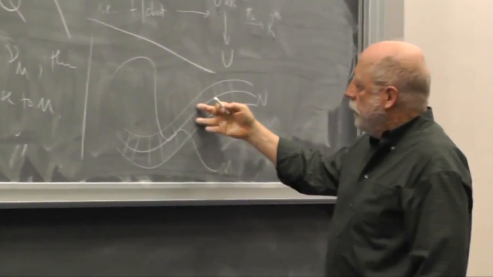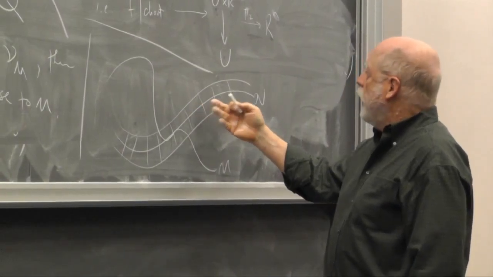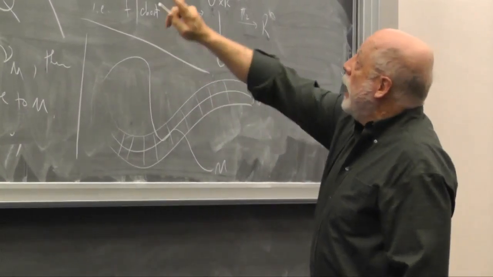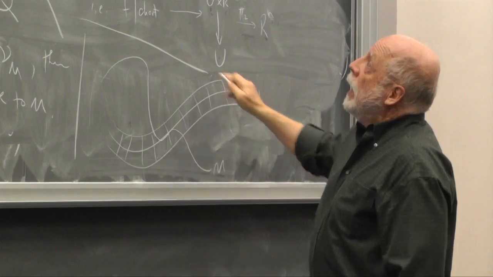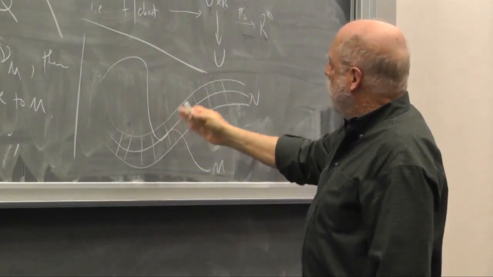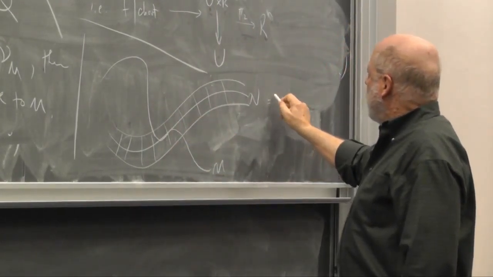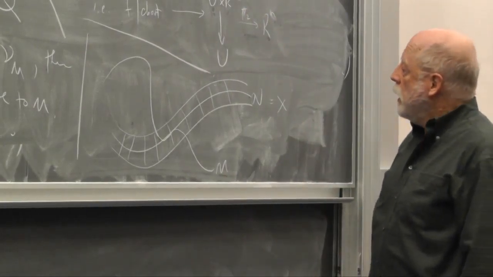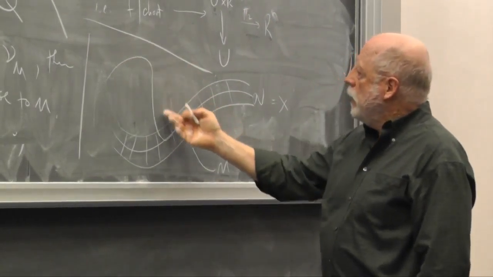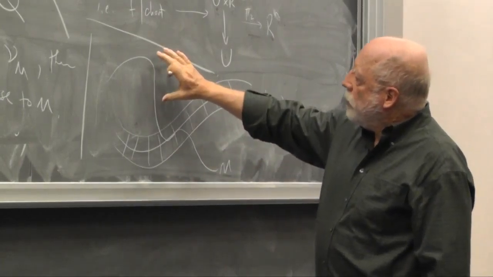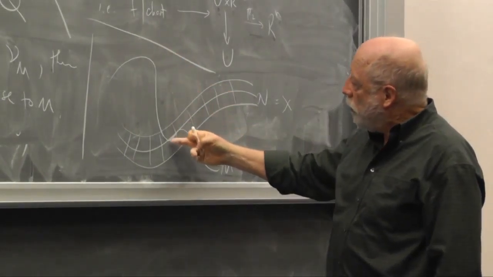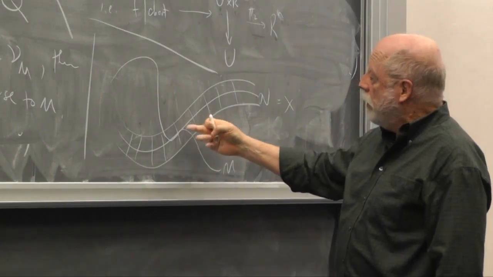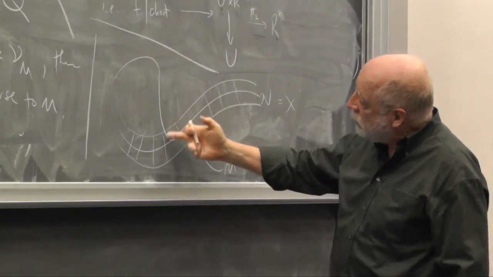There's a bundle here. In fact, what's our situation? X is now N, and you have an Rn bundle over it. So up there, N takes the place of X. And now this is a map. We're not interested in where this embedding goes out here. We're just interested in making it transverse to N. So we're working inside this bundle.